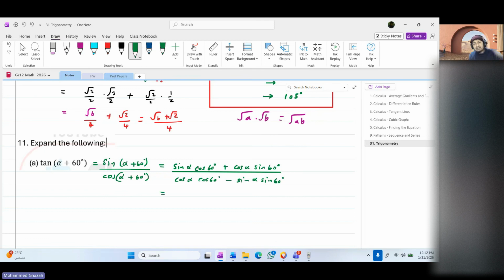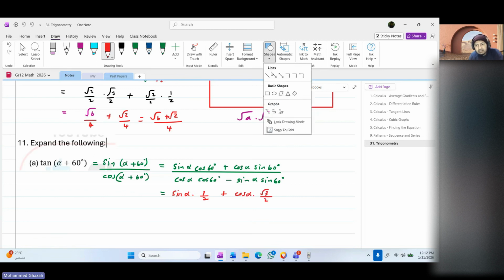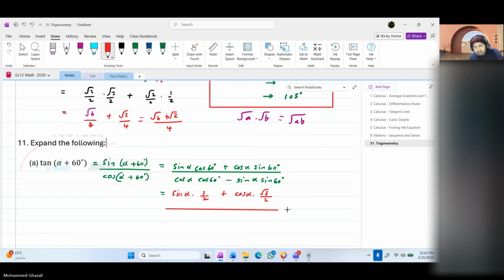So sine alpha remains sine alpha times cos of 60, which is half, plus cos alpha remains cos alpha, sine 60 is root 3 over 2, divided by cos alpha times cos of 60, which is also half, minus sine alpha sine 60, which is root 3 over 2.